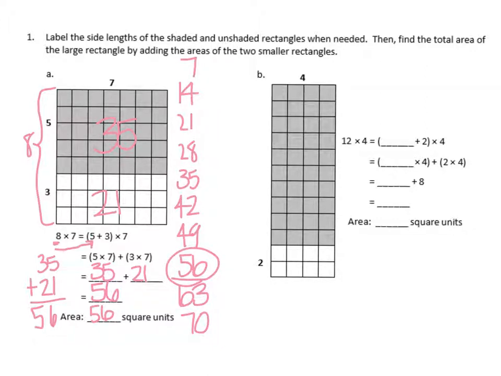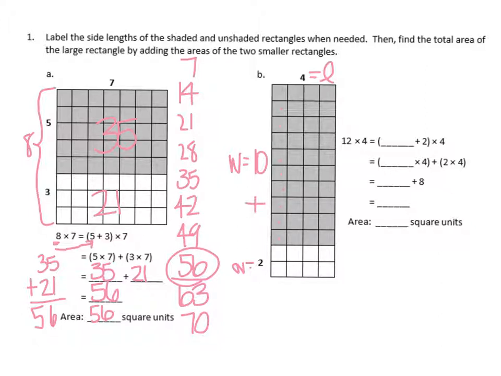Let's take a look at letter B. I look at the shaded part, and I see that it has a length of 4, but I'm not sure what that width is. So let's count the squares to figure it out. I have 1, 2, 3, 4, 5, 6, 7, 8, 9, 10. I have 10 units. Then I look at the unshaded part and I see that there is a width of 2.